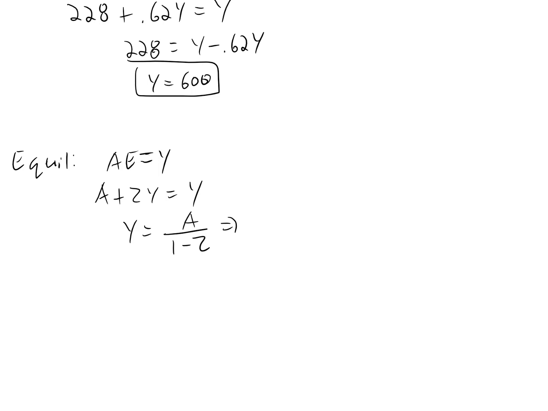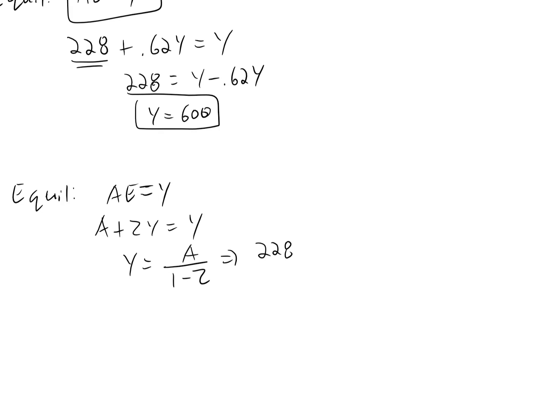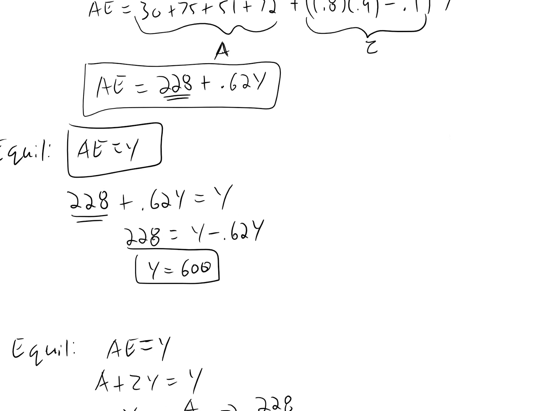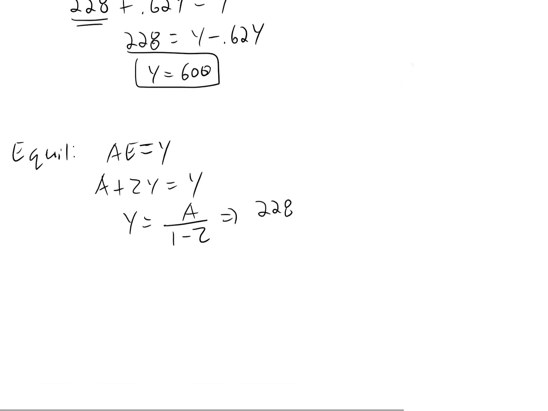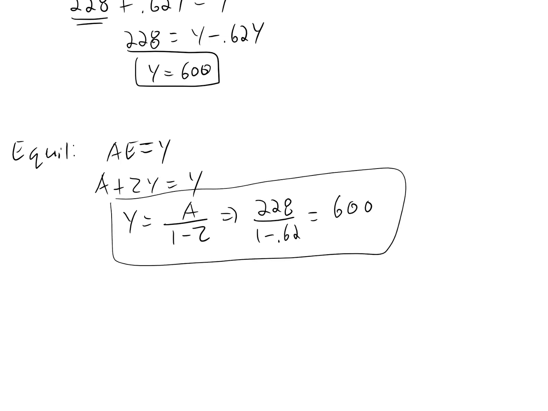We know that capital A is 228, since that's the intercept of our AE function. I'll scroll further up to show you. That's our intercept of our AE function. And Z equals 0.62. If we plug this into our calculator, we'd get 600 as well. So we can always use this second way as a quick way of solving the model once we figure out what this A and what this Z equal.